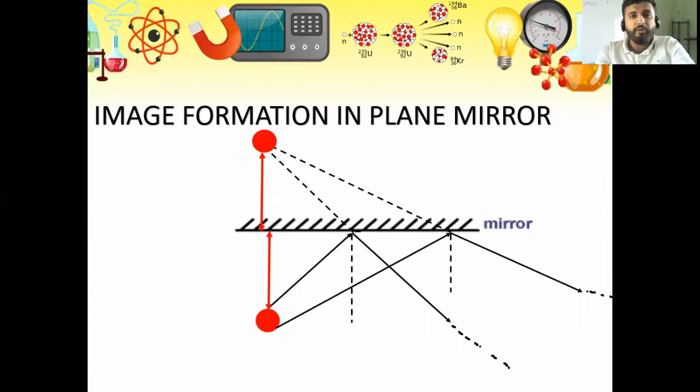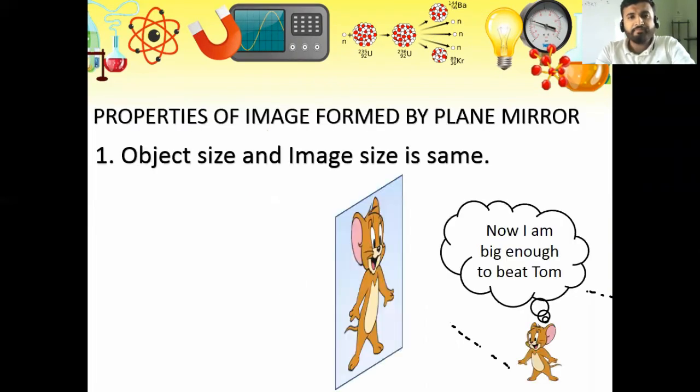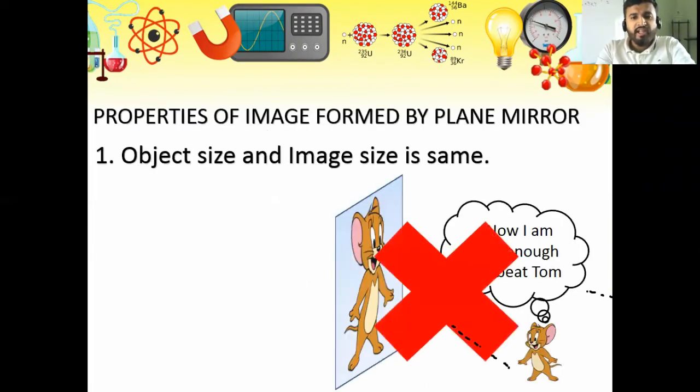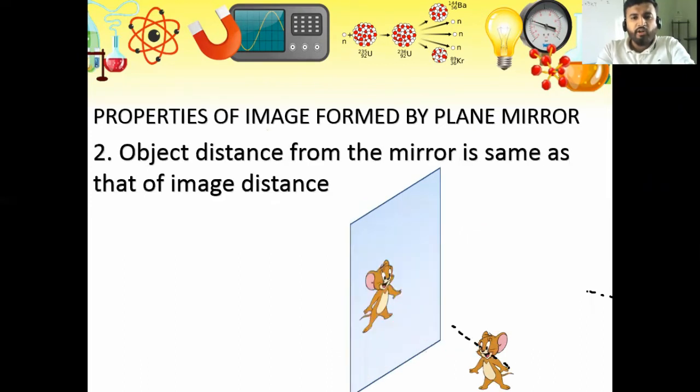This is one of the important properties of the plane mirror. And the size of the object is equal to the size of the image. Another important property of the plane mirror is that the object distance from the mirror is equal to the image distance from the mirror.